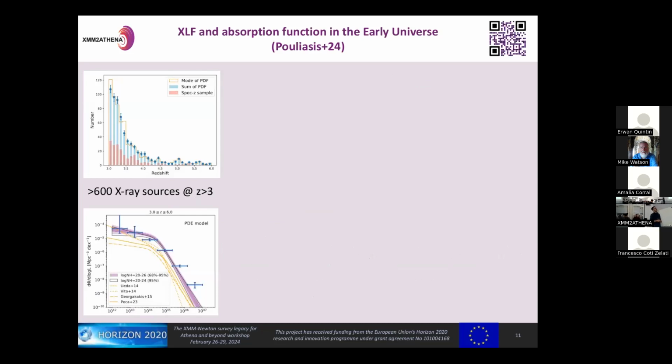So this is a work that was published this year in January. This was the first attempt to increase the area of our sample. In this work, we used the XMM XXL northern field, and we complemented this sample with the deepest fields of the Chandra Deep Fields, and also data from COSMOS, and we selected more than 600 sources at a redshift greater than 3, and we were able to constrain the XLF.